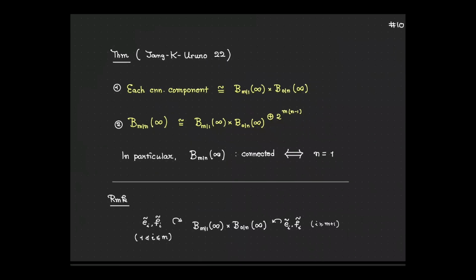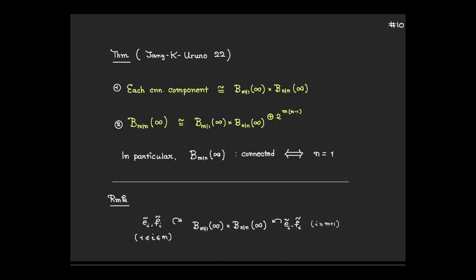So now let me first give a statement on the connected components of our limit crystal. This is joint work with my former student Ilsen and a current student, Akito.